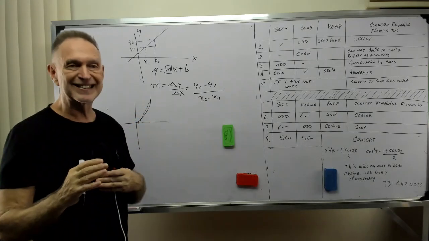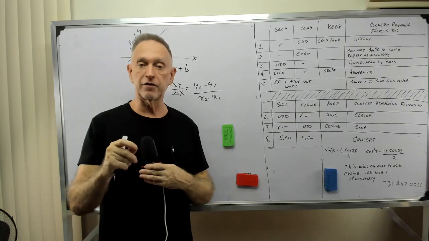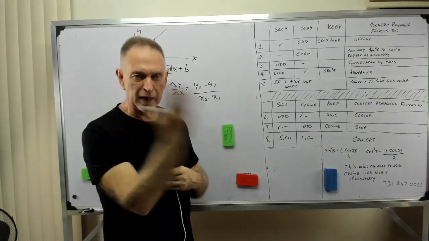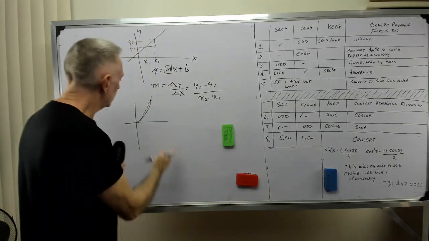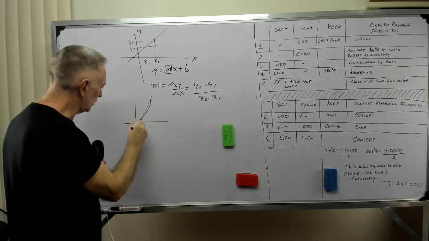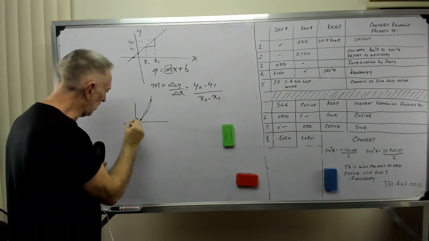Now that's not secant in terms of trigonometric functions, but just a Latin term, I think, meaning to cut. So if I let this line get shorter and shorter, let's say I want to know the slope at that point.